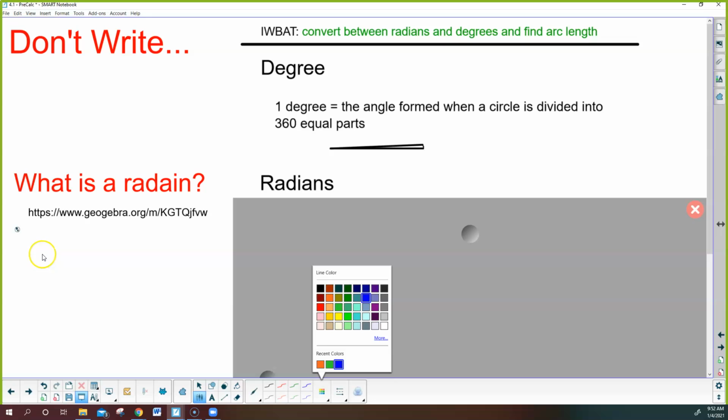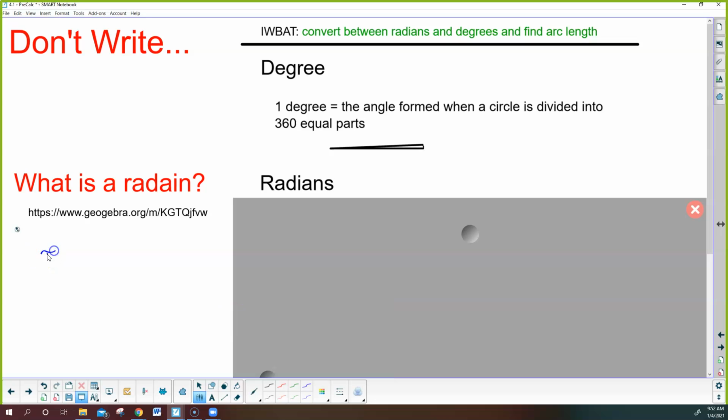But what do I know? It said that pi was equal to 180 degrees, right? Now this pi is what we call the radian measure, and then the degree symbol, or we could write degrees. Well, what if I want to figure out what 1 degree is equal to?